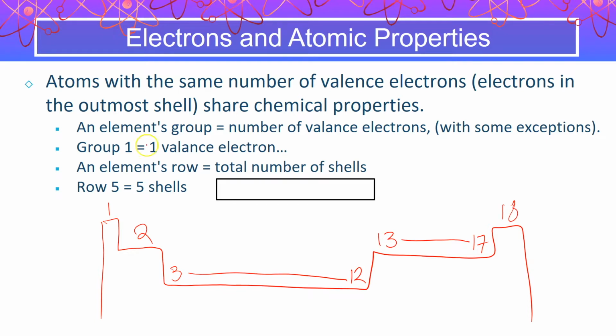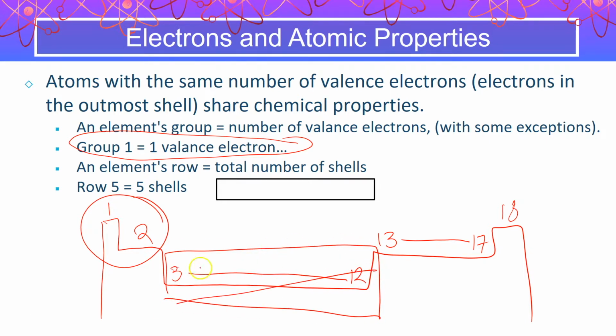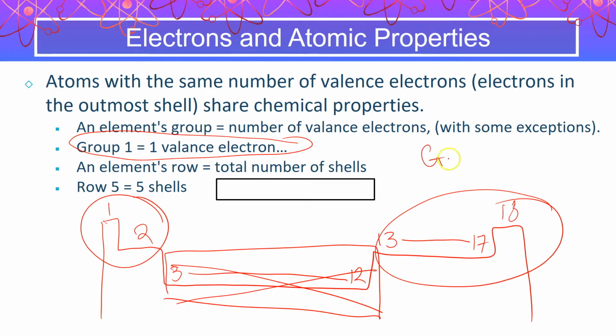So this idea here works really nicely for groups 1 and 2. Okay, group 1 and 2, that's how many valence electrons you have. But it doesn't work for 3 through to 12. Okay, and that's because they're our funky group where you're going backwards and filling things up. What then happens for 13 through to 18 is it's the group number minus 10.